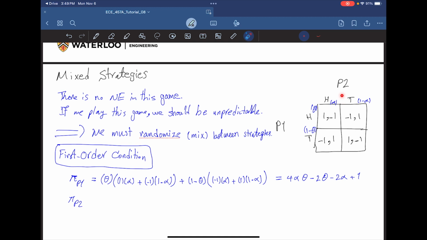And for the next one, for player 2, okay, so for player 2, what we have here is alpha, -1 and 1. So -1 theta, 1 multiplied by 1 minus theta.